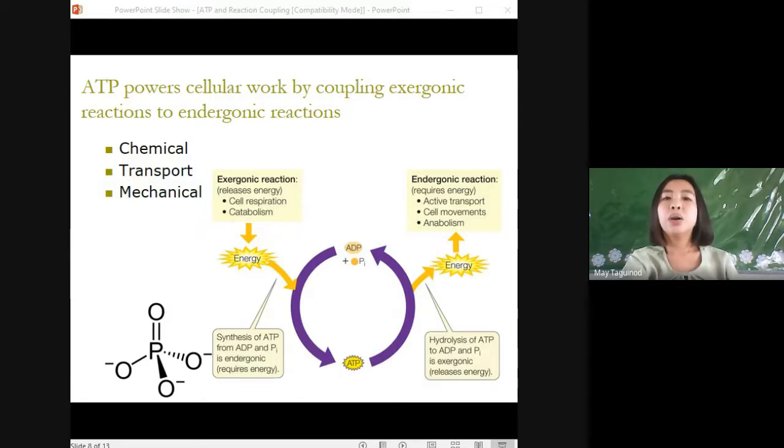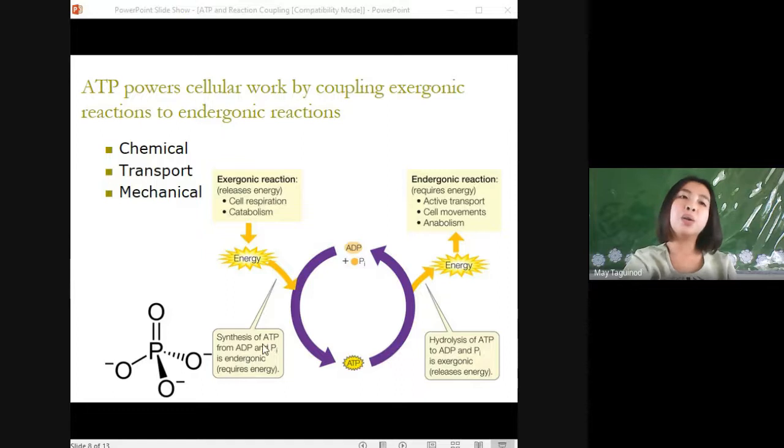A cell does three main kinds of work: chemical, transport, and mechanical.